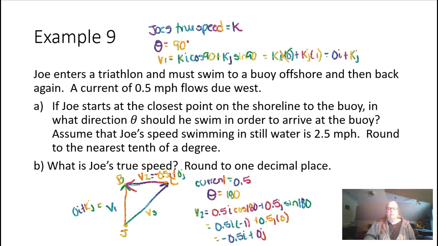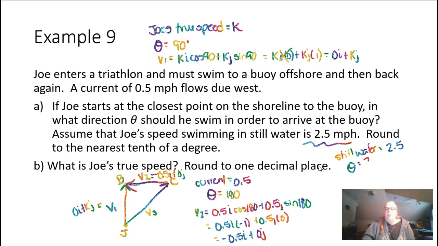Now Joe right here, this is our vector 3, is going to be a little bit trickier because we don't know what his velocity is. Well, I'm sorry, let me rephrase that. We do know what his velocity is in still water. If he were not fighting the current, he would be swimming 2.5 miles per hour. So in still water, we know his velocity is 2.5 miles per hour.